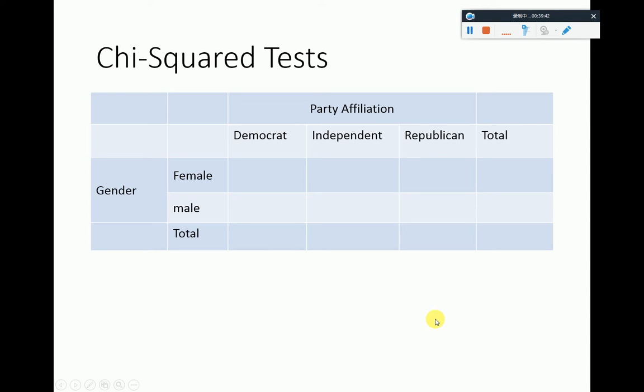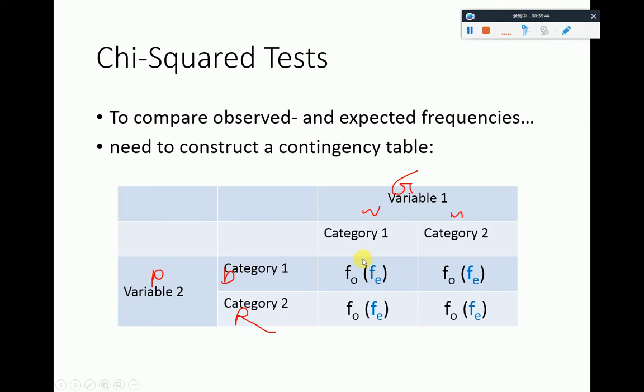So now the question becomes, how do we calculate these? FOs are known because that's something we observe, and FEs are unknown, something we need to calculate. So the chi-square test becomes a task of how to calculate expected frequencies, and we just looked at that.